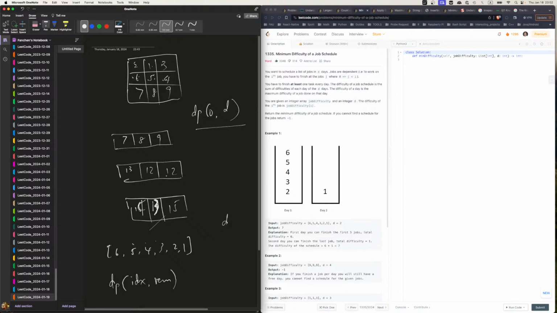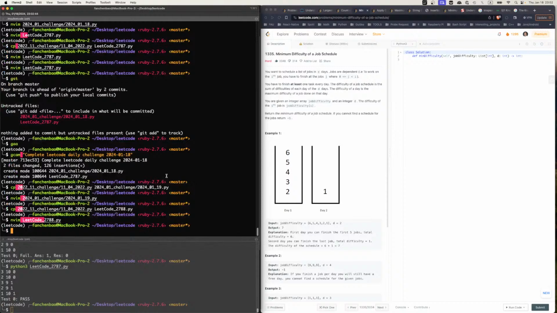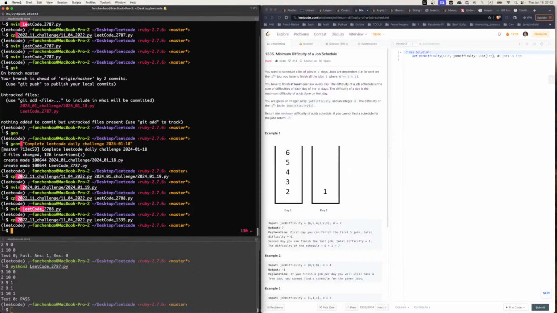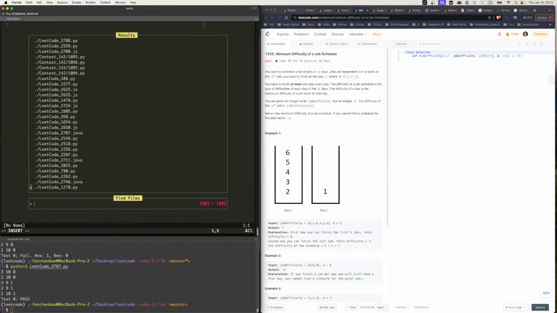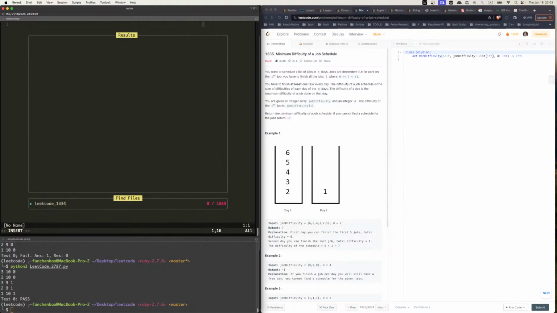But it's the same solution as the other one. Okay, let's go back. 3, 5. Wait, hold on a second. Do we have 1, 3, 3, 5?